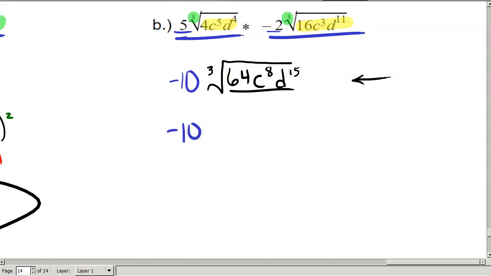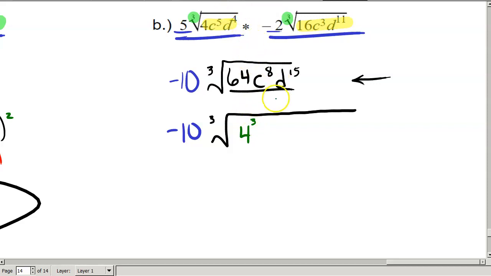I have -10, and then I'm going to factor this out in such a way where I can see how many I can pull out. Well, 64 is a perfect cube. Okay, think about what that equals. All right, so this is going to be 4 cubed. Cube root of 64 is 4. So I'm going to write that as 4 cubed. I know it's going to come out as a 4, but I'm going to write it as 4 cubed. And then c to the 8th.